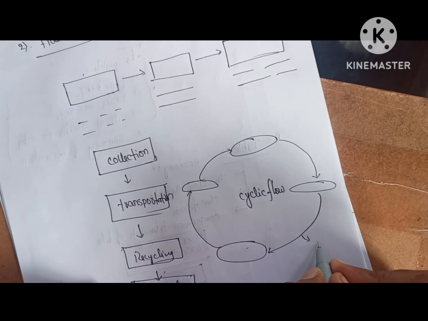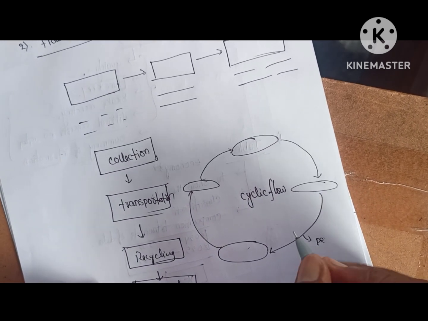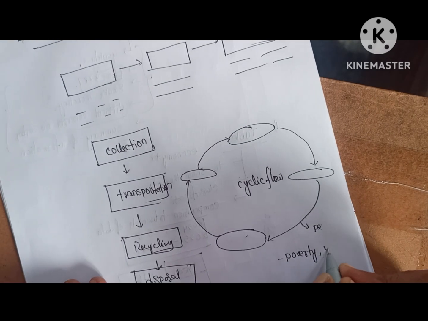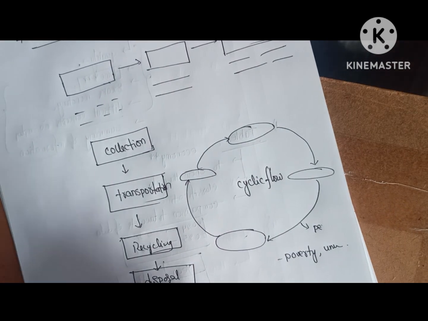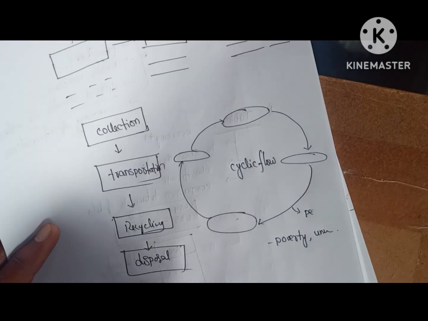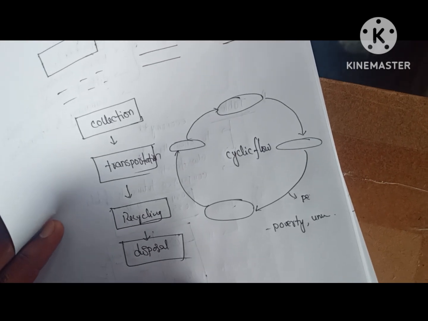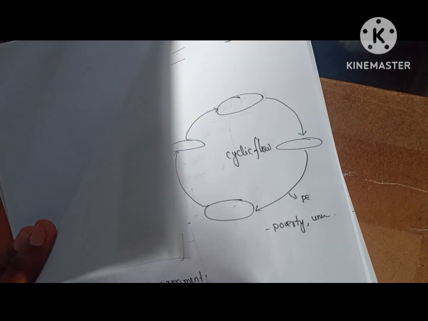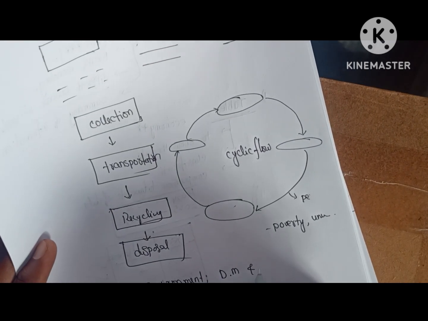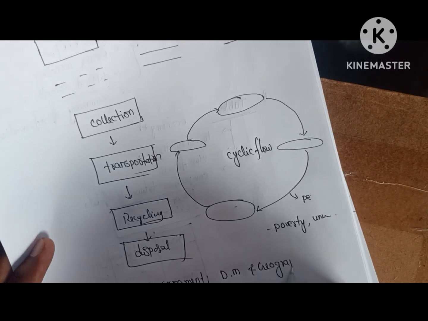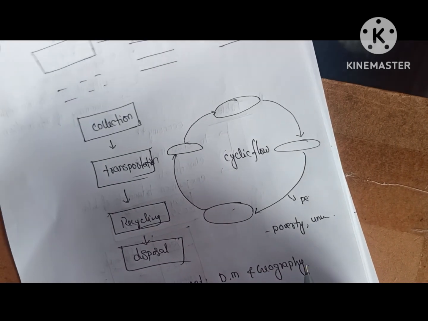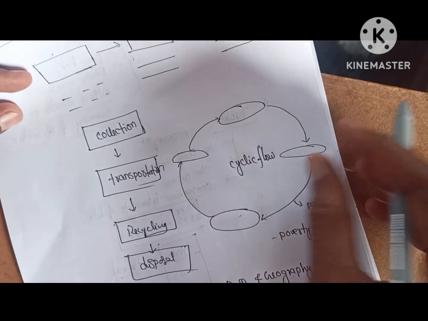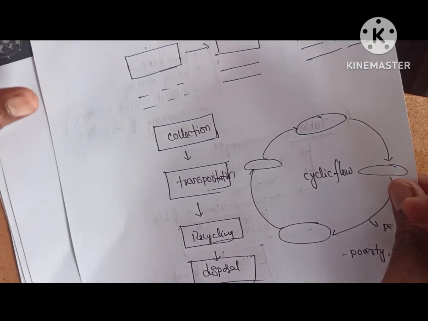It is highly useful for explaining a persistent problem in society, like poverty, unemployment, etc. And flowcharts are highly useful for difficult subjects like S&T, environment, disaster management, and geography. Flowcharts are useful to show the process and chronology of events, and they help to explain difficult concepts in a simpler manner.